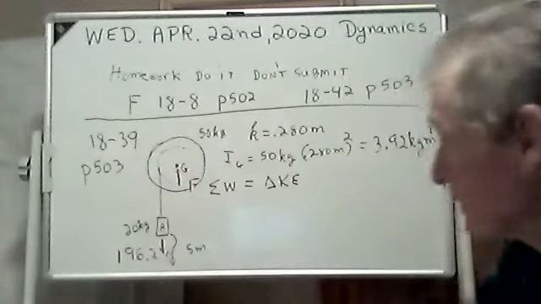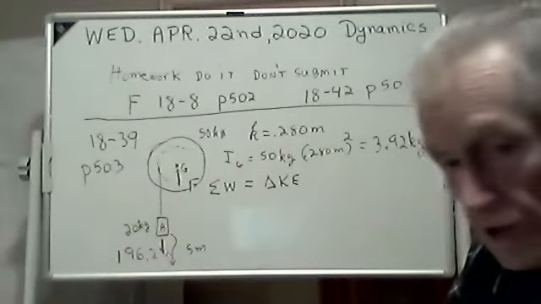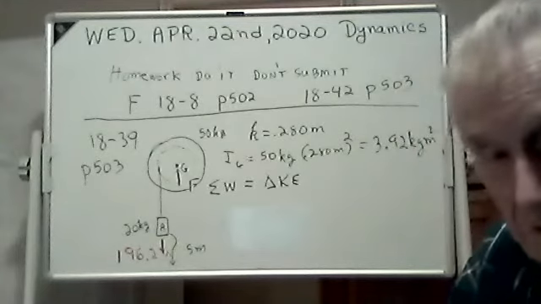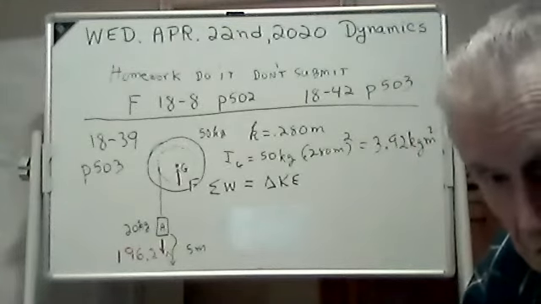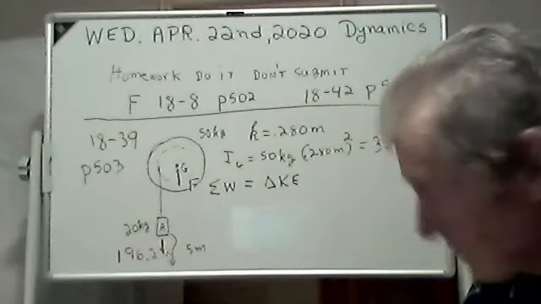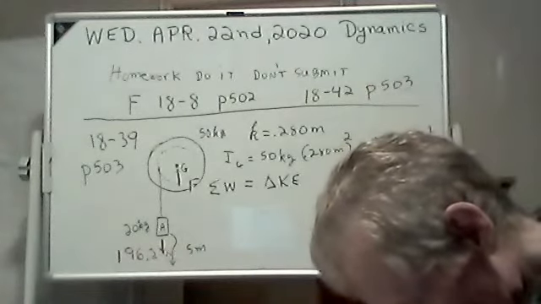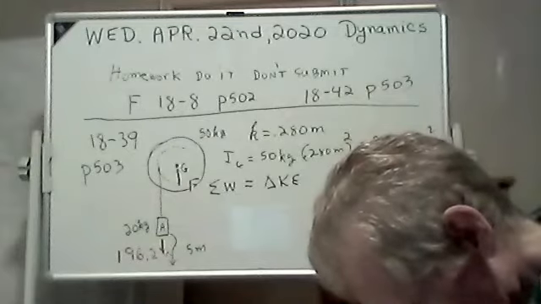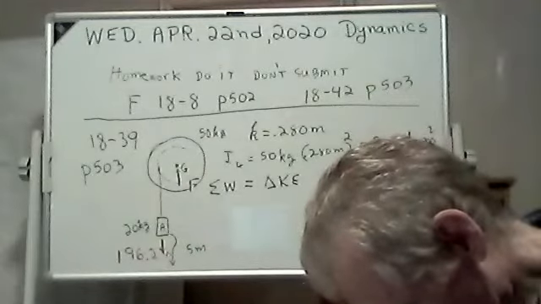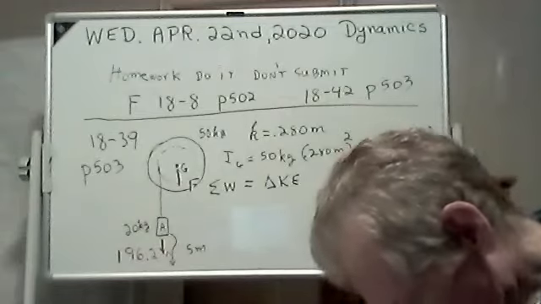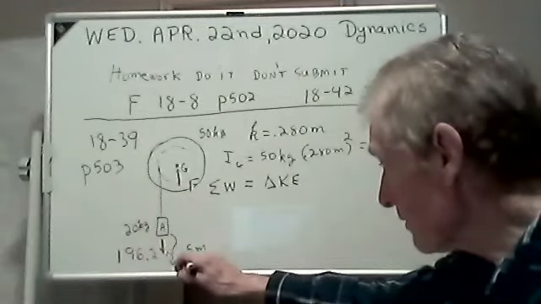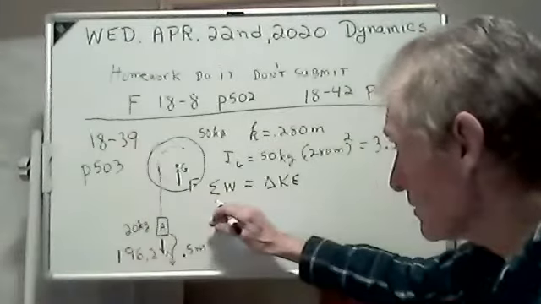It holds up the spool, but it doesn't move. You have to move. It doesn't move. No work. But this one does. Now, do they tell us how far it moves? Let me read it here. Spool and radius of gyration. Oh yeah, it goes 0.5 meters. So I can tell you the work done.